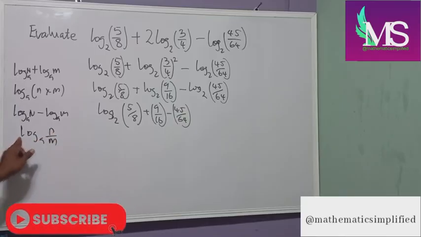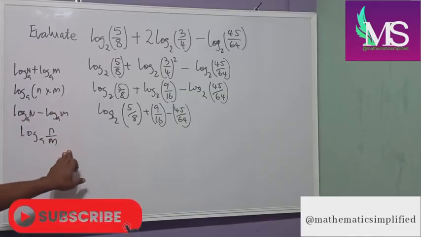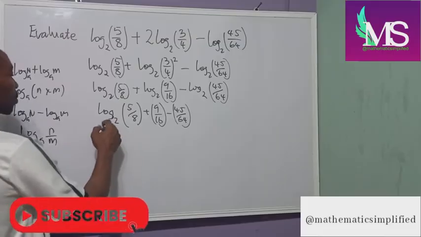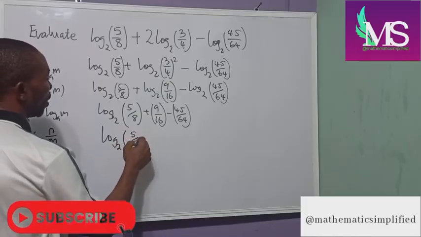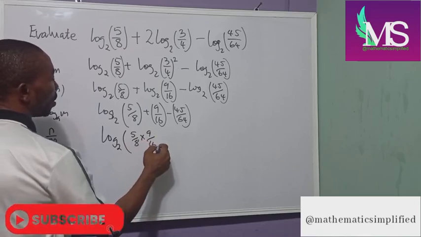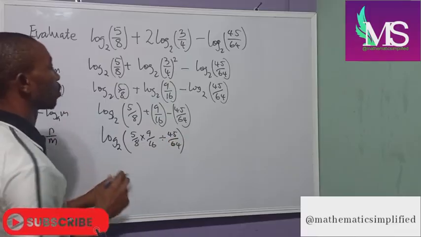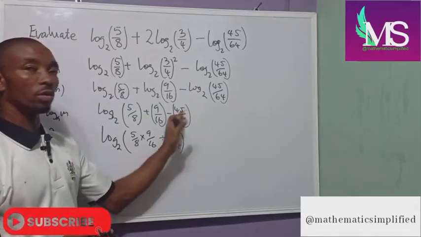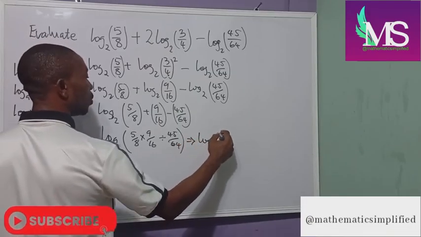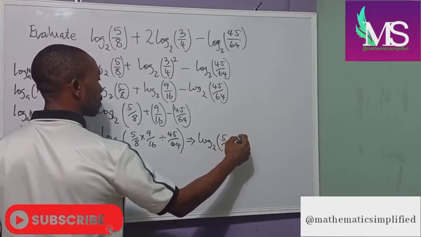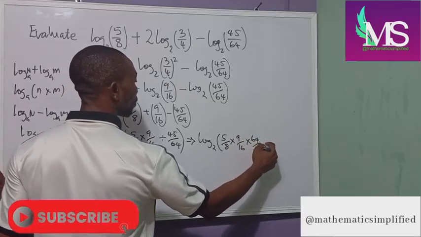Now applying this formula here, for the addition we turn it to multiplication, for the subtraction we turn it to division. So this is going to give us log 2 of 5 over 8 times 9 over 16 divided by 45 over 64. But we can turn this division to multiplication by doing the inverse. So this will give us log 2 of 5 over 8 times 9 over 16 times 64 over 45.